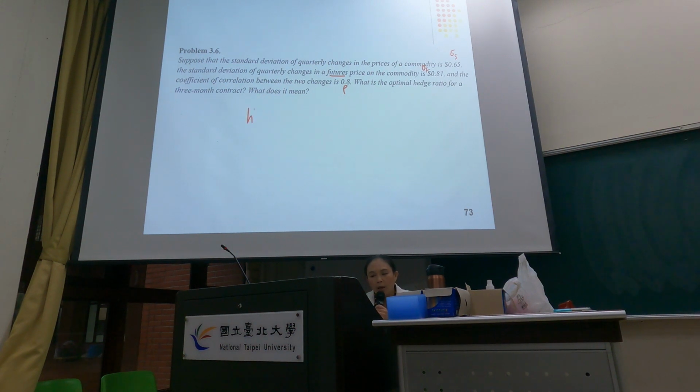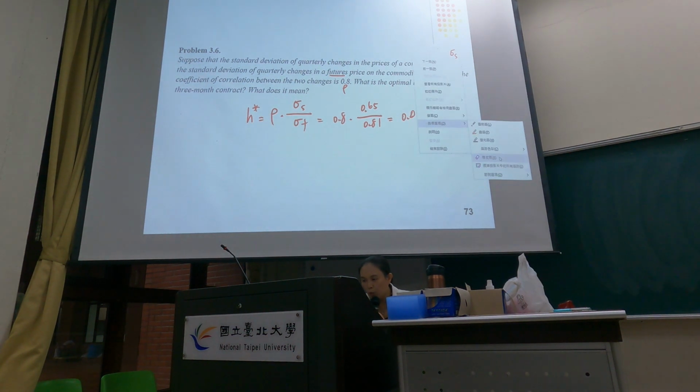Okay, so hedge ratio equals tau times sigma S over sigma F, because they are different, right? So it equals 0.8 times 0.65 over 0.81, right? So the answer would be 0.642.